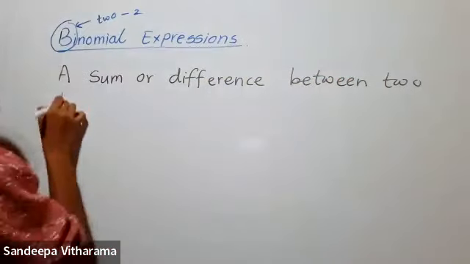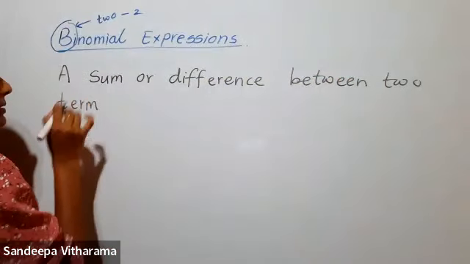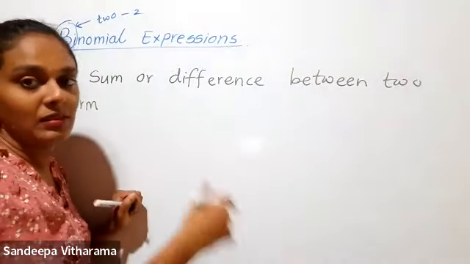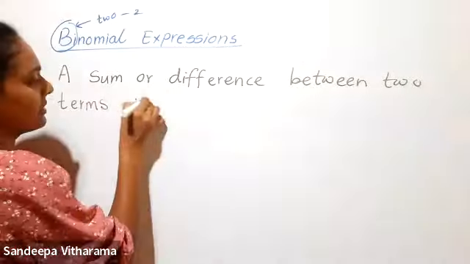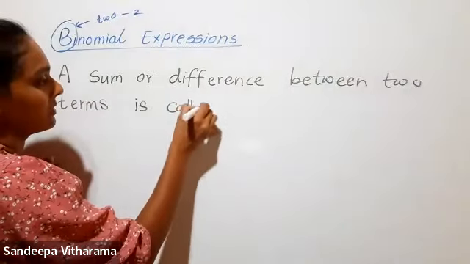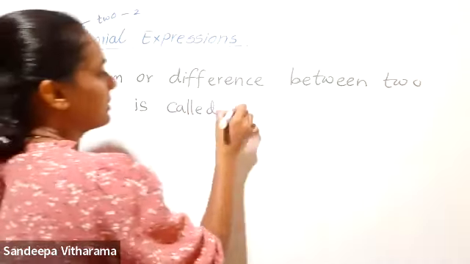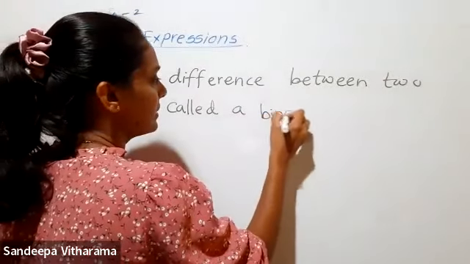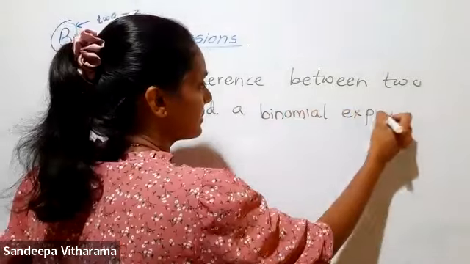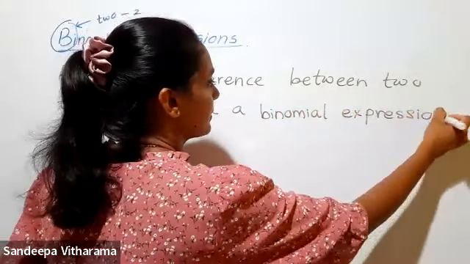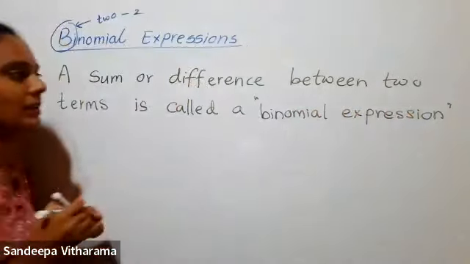This here, terms indicates numbers, a term and a number, all the same. Two terms is called a binomial expression. Okay, it is called a binomial expression.